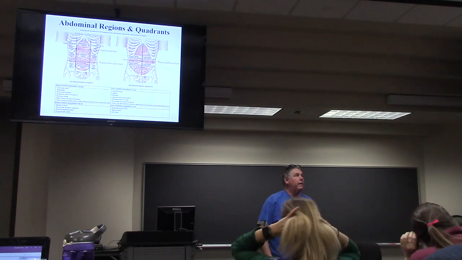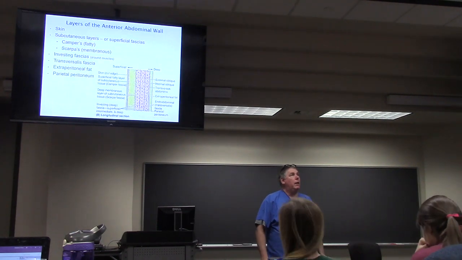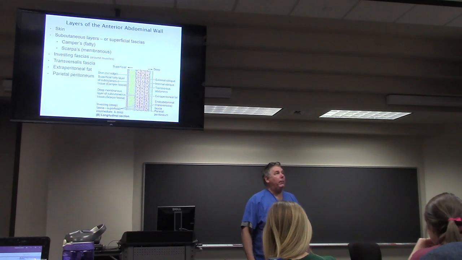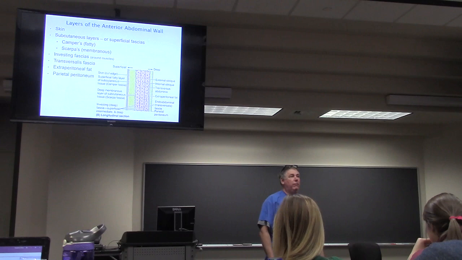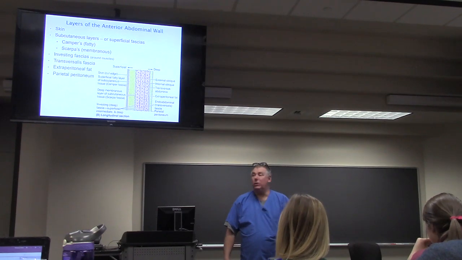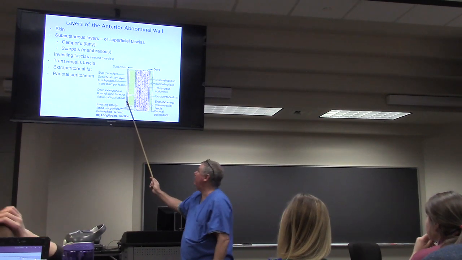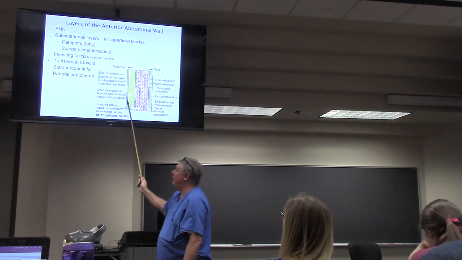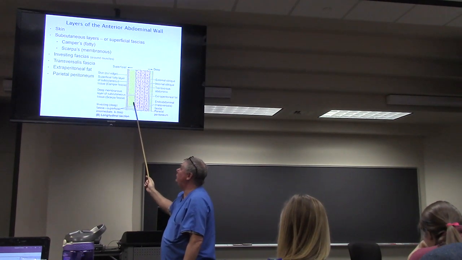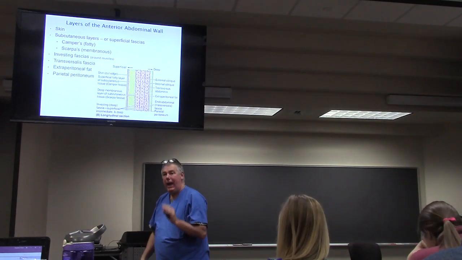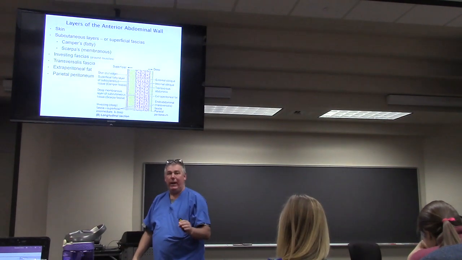Okay. The layers of the anterior abdominal wall take on different names than what we've seen so far. Starting from the outside, you've got the skin and the dermis. And here's the superficial fascia. The superficial fascia of the abdomen has two different layers.